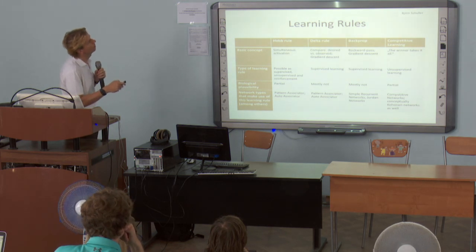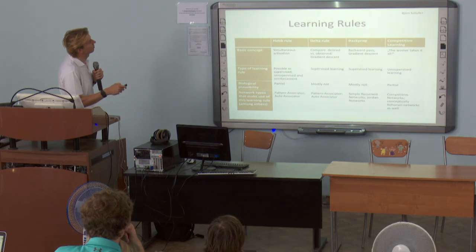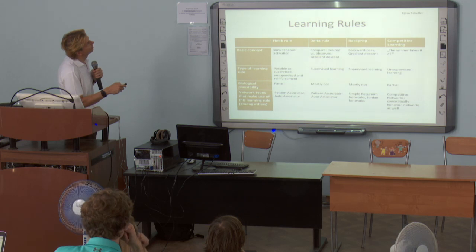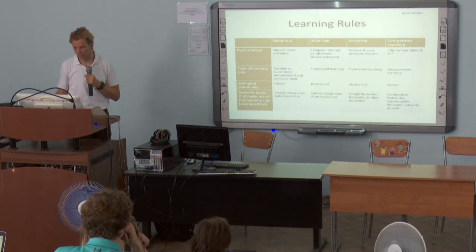So you have different kinds of learning rules, and usually we're using backpropagation-esque learning rules. That's the supervised learning. It's not biologically plausible because it's not reinforcement learning, but supervised learning, and it's based on gradient descent, works well with simple recurrent neural networks, Jordan networks, feed-forward networks, and the likes.